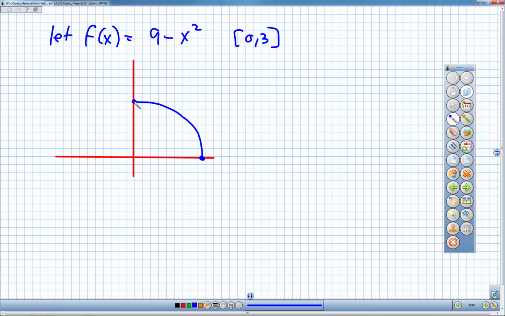Again, those of you with OCD, sorry, this is not going to be drawn to scale. I'm going to take the area under the curve this time.